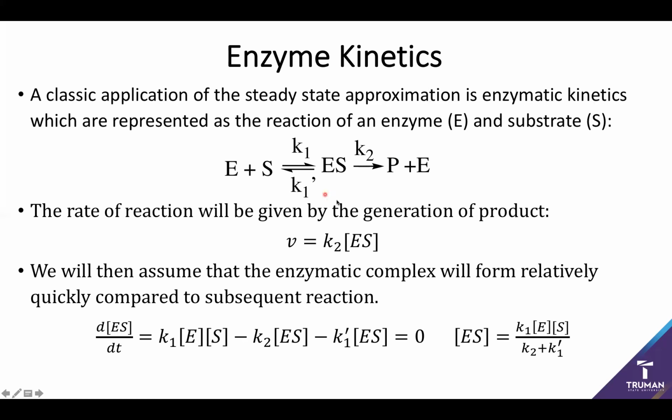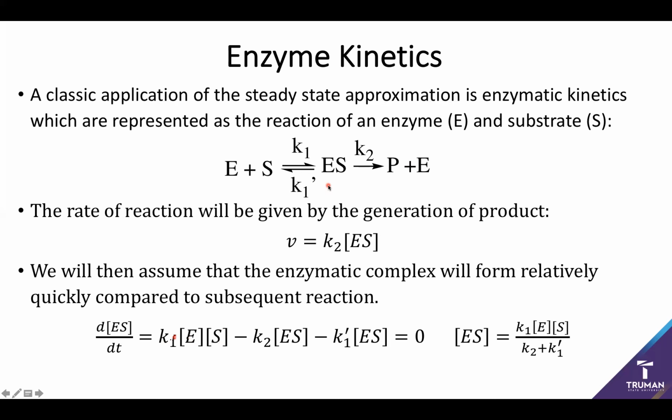So, using the fact that the steady state approximation will be fairly robust in this model, we can essentially generate a form for the change of the enzymatic complex, with one possible route to production being the forward reaction, which is dependent upon the forward reaction constant and the concentration of both the enzyme and the substrate.